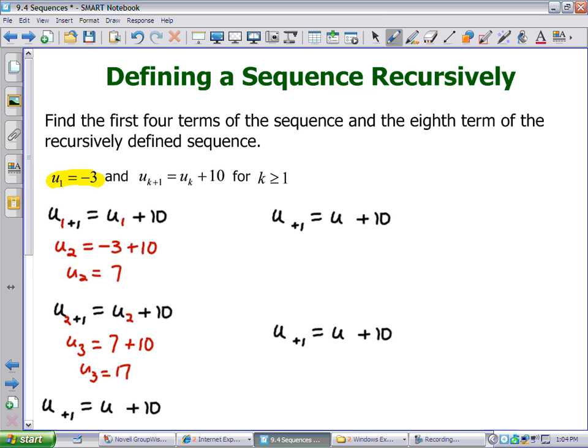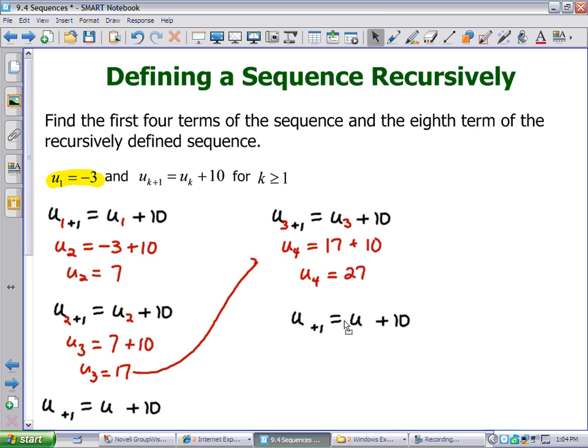Okay, if I go over here and now I plug in 3 for k, that means I'm going to plug in 3 over here for k. You're going to get u sub 4 equals u sub 3, and u sub 3 we just found, so I'm going to bring that up. That's 17 plus 10. U sub 4 is equal to 27.